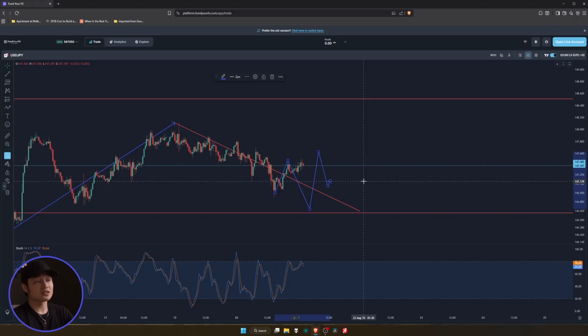As long as the structure itself hasn't validated its bullish momentum on the 30 minutes time frame, you should not enter this trade. Why? Because the dollar yen is quite complex right now.